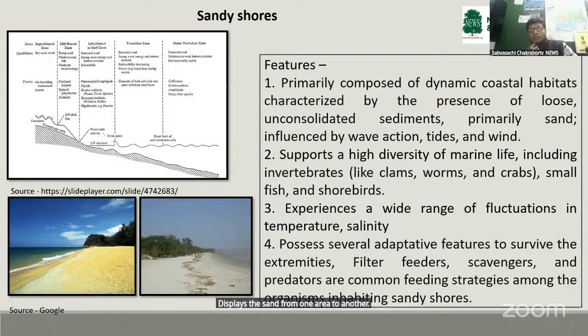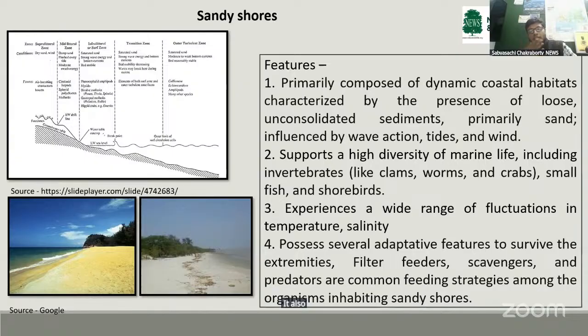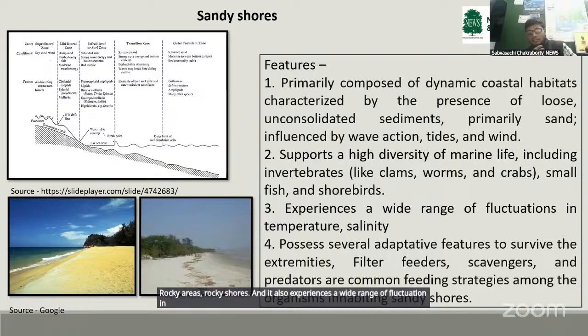Tides also. Like the rocky shores, it supports a high diversity of marine life. It also has a zonation, similar to the rocky shores. And it also experiences a wide range of fluctuation in temperature and salinity.